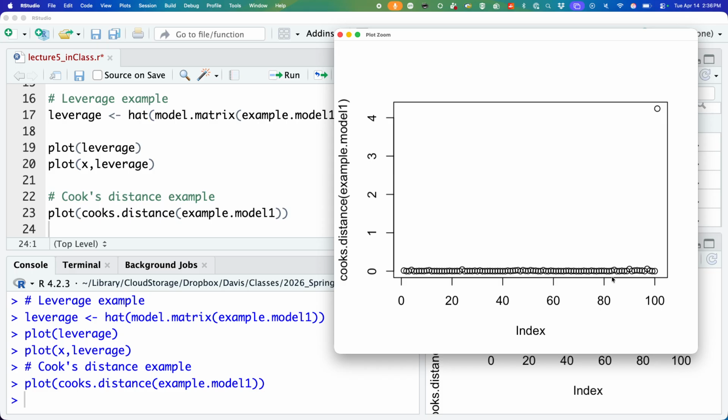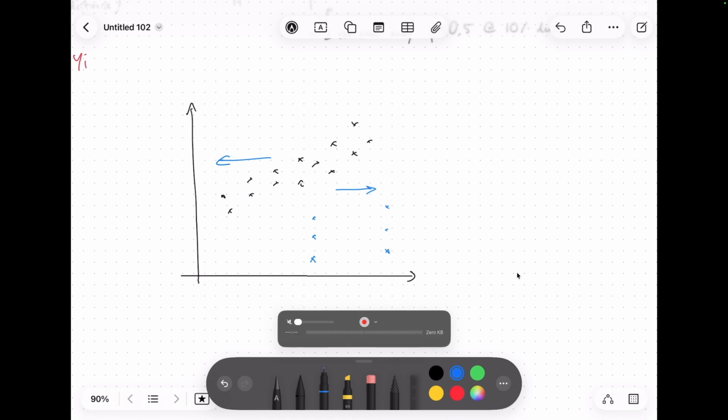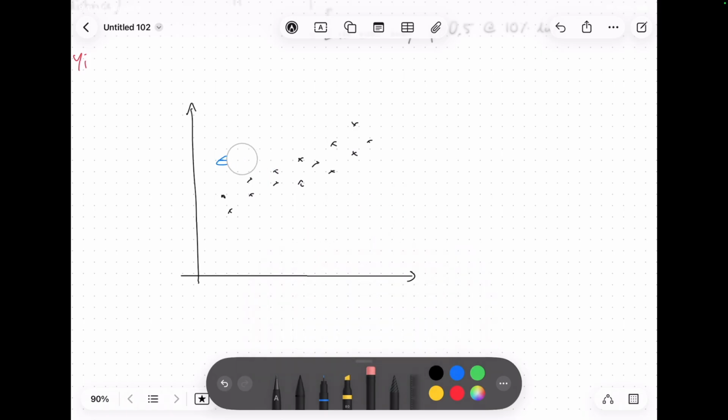Because of the effect of deleting the point. Yep. So if I delete the outlier all the way at the top, let me show you. I'm going to get rid of these guys here. I have some kind of fit line that goes through here, right?